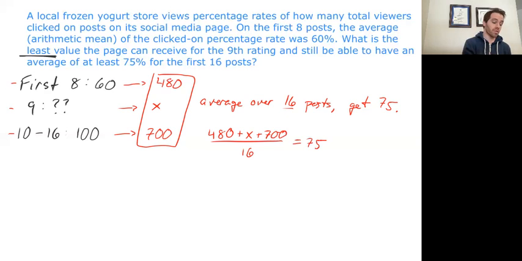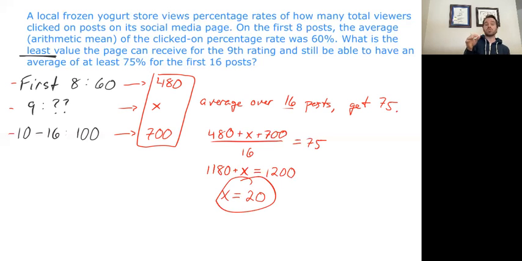I'll do some quick arithmetic to put these together. This is 1180 plus x, and in the same step, I'm going to multiply both sides by 16. 75 times 16 is, times 4 is 300, times 4 more is 1200. Subtract 1180 from both sides, and I get that x equals 20.